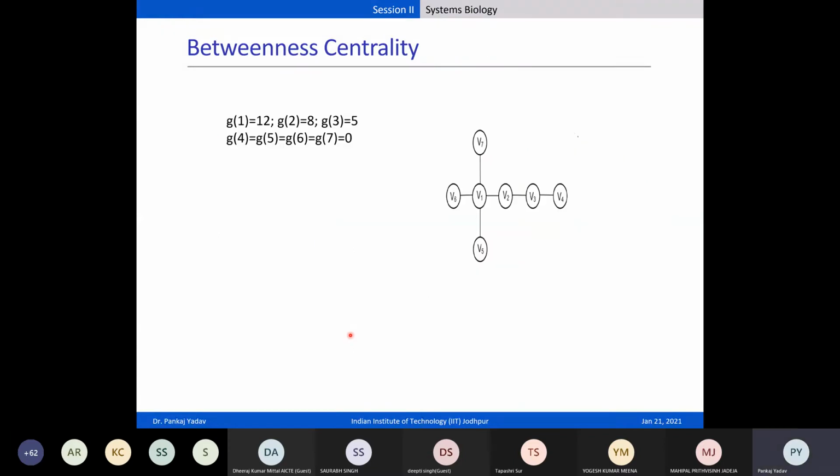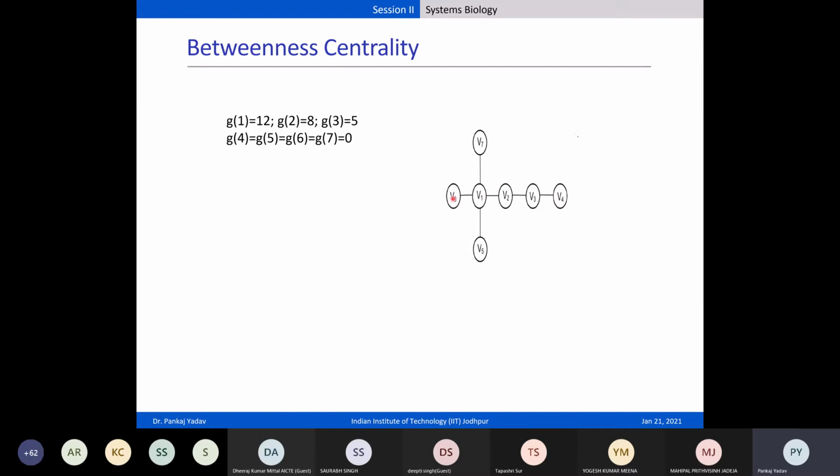So just to show you an example, this is one very small network. By looking at this network, you would say that V1 seems to be a very important node because it is connected to many nodes, and many paths connecting any pair of nodes will pass through V1.